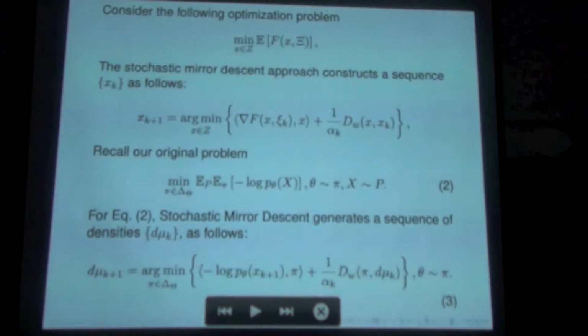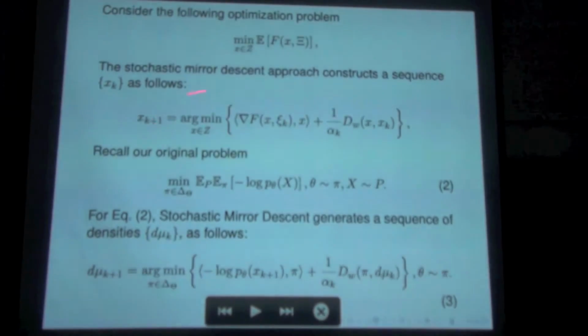So now how can we solve this using, let's say, distributed stochastic approximation? In stochastic approximation, we start with an optimization problem defined as an expectation, just like this. And we can apply, for example, stochastic mirror descent. And what is a stochastic mirror descent problem?